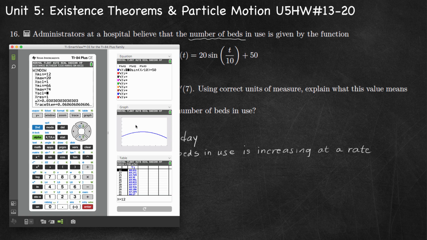And to find this absolute maximum, I'm going to go second, calc, number 4, maximum. And then we want to move our cursor a little bit to the left, hit enter, and then a little bit to the right, hit enter one more time, and we have our maximum occurs at time t equals 15.708, and the maximum value is 70.